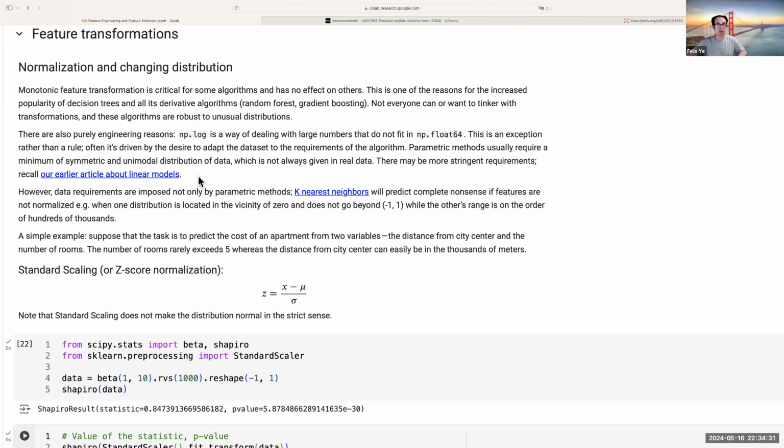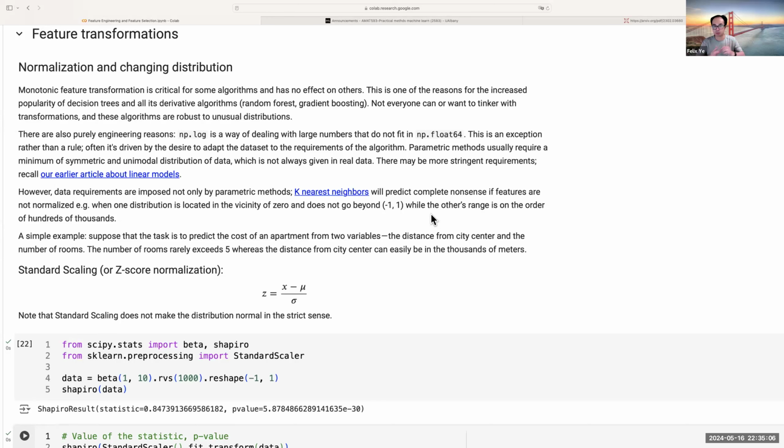So for example, with k nearest neighbors, if the features are not normalized, it will give you completely nonsense results. Think about one dimension located around 0, and another dimension in the range of a couple hundred thousand.